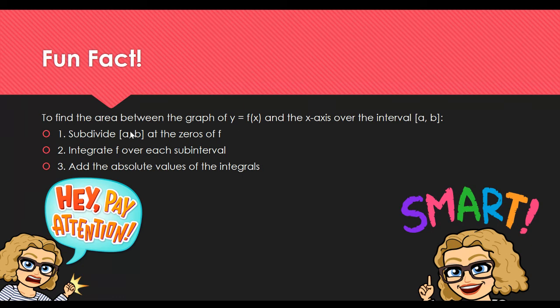Any of your x-intercepts that are between your A and your B become subdivisions. So like A to 1, 0, and then 0 to B. Whatever your x-intercepts might be that fall between that A and B. And then you integrate over each of those subintervals, and then you add the absolute value of those integrals together. So if they're negative, you make them positive, add them together.